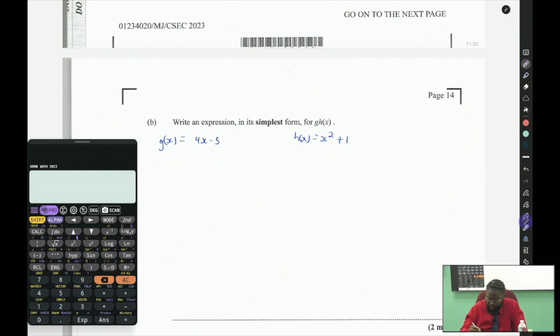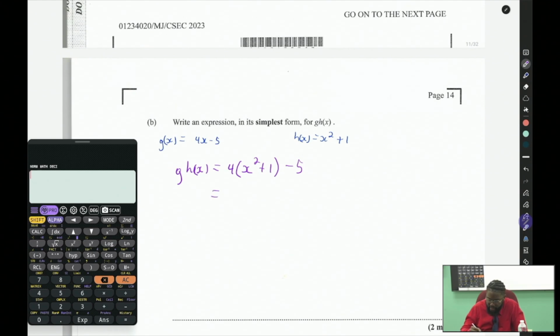So let's go. We're going to have g of h of x equal to 4, and then the h of x is going to become the x of 4x minus 5. So we're going to have 4 times x squared plus 1. Then we're going to have minus 5.